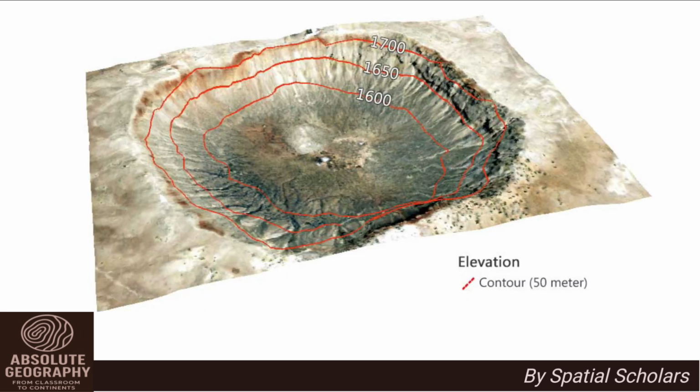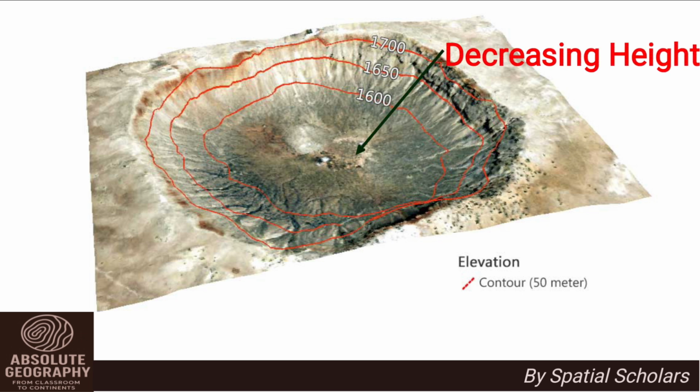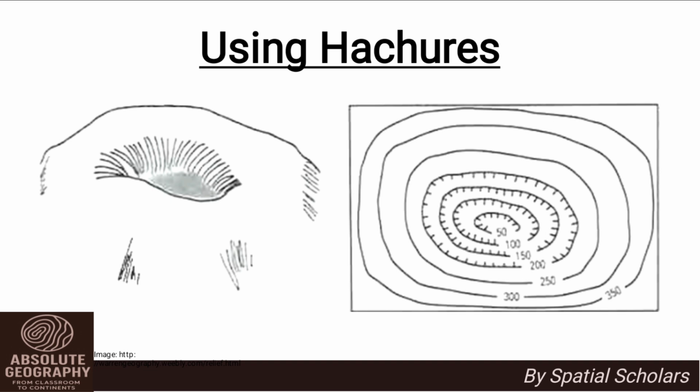So basically, we can say it is reversing the heights of the hill while keeping the same shape. Depressions are often represented by hachures, which are short lines drawn towards the lower land to indicate the direction of a slope, although they are not compulsory for minor depressions such as a well or a hollow.